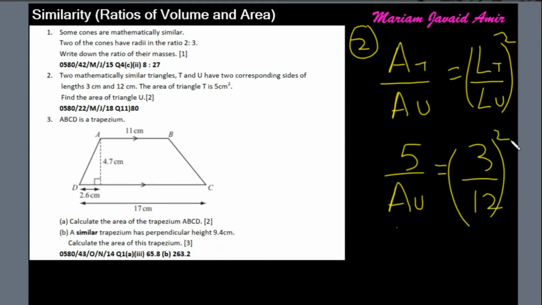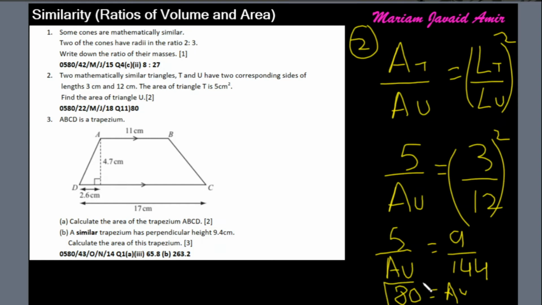So this becomes 5 over AU equals 9 over 144. Cross multiply and we'll get our answer. 144 times 5 divided by 9, this is giving me 80. So AU equals 80 centimeters square. So the answer is 80 centimeters square.